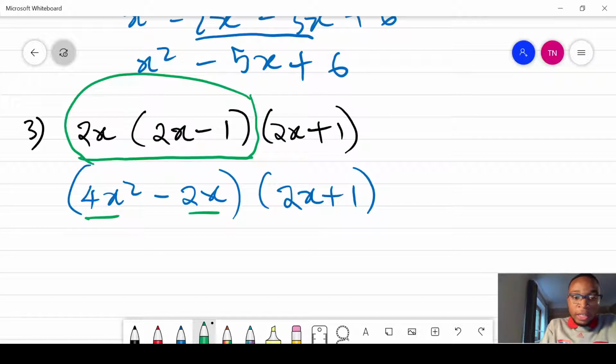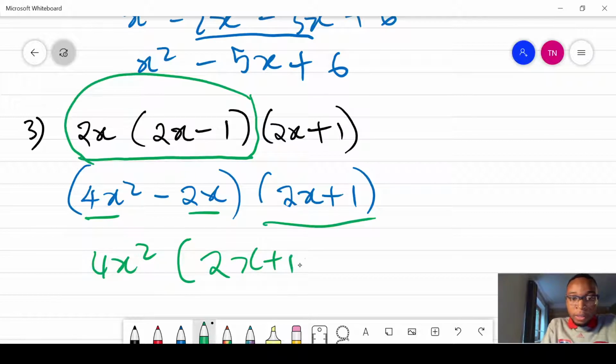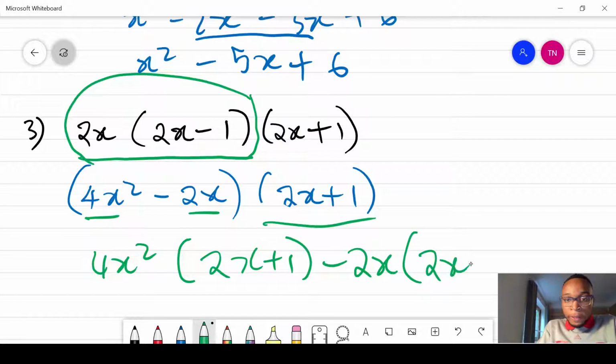This and that are going to multiply this whole part here. So this becomes 4x squared plus 1. I shouldn't have used green to write, but since we've already done it, let's continue with that. And then we're going to have minus 2x multiplying 2x plus 1.